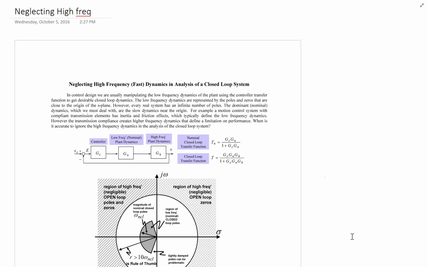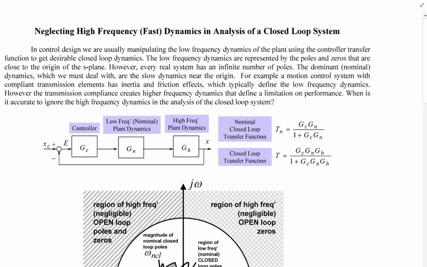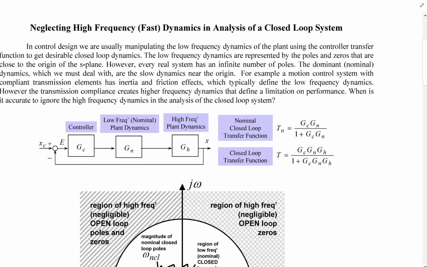And so those are going to be the dominant poles. And if we have poles that are 10 times larger than the dominant poles, we're going to consider those high frequency, and we're going to ignore them.